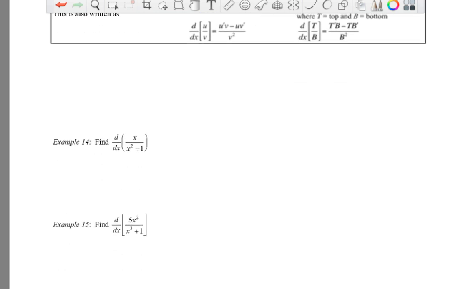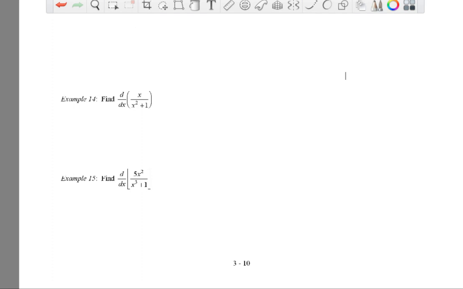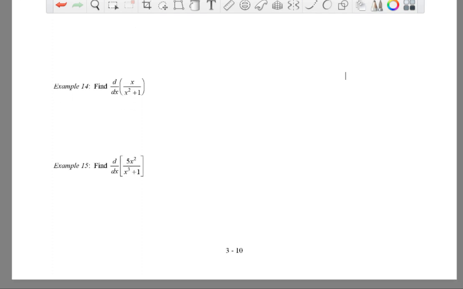So we have this problem, the derivative of x divided by x squared plus 1. So the derivative of the top would just be 1 times the bottom minus the top times the derivative of the bottom. We have our 2x.